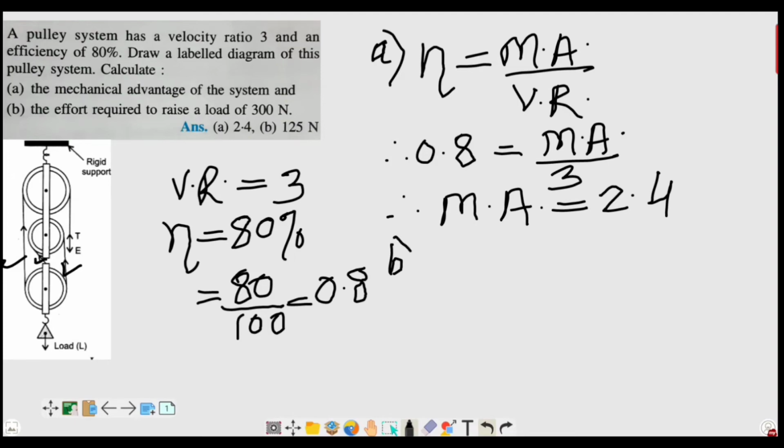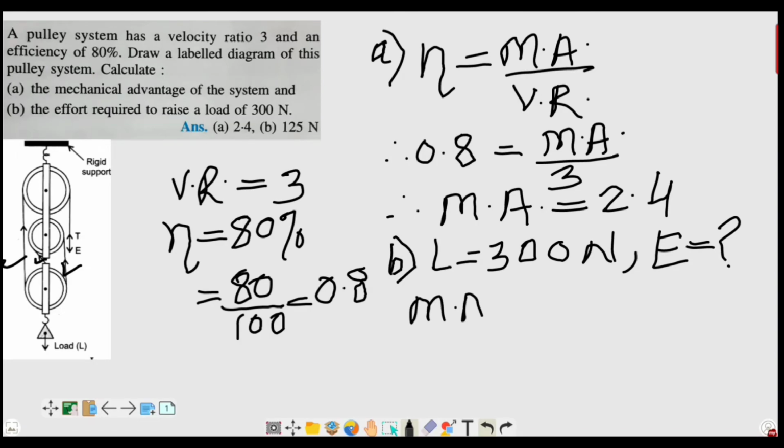In the second part, they have asked you to calculate the effort to raise the load of 300 Newton. So load is given 300 Newton. You are asked to calculate the effort. Another formula of mechanical advantage is load upon effort. You have calculated mechanical advantage 2.4.